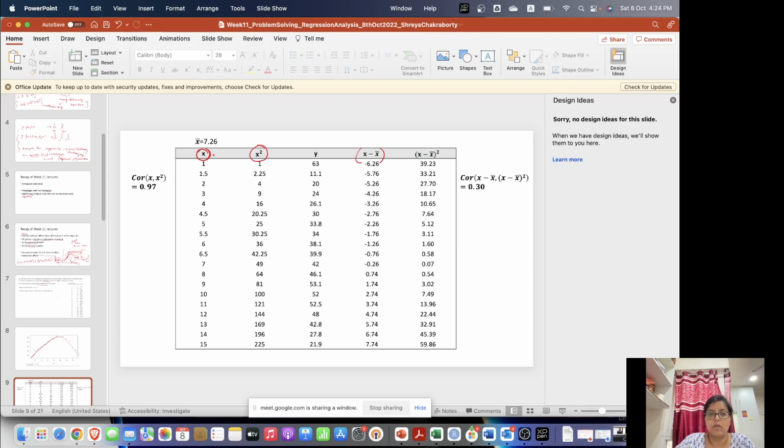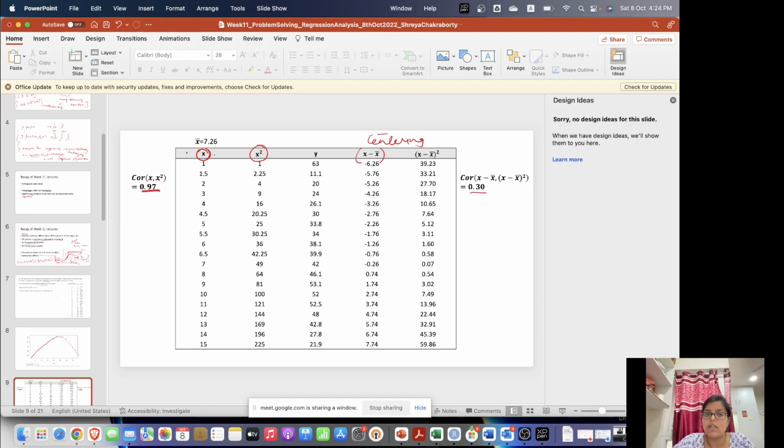The correlation coefficient between x and x square comes out as 0.97, which means they are highly linearly related. But once centering is done, the correlation coefficient reduces to 0.3.